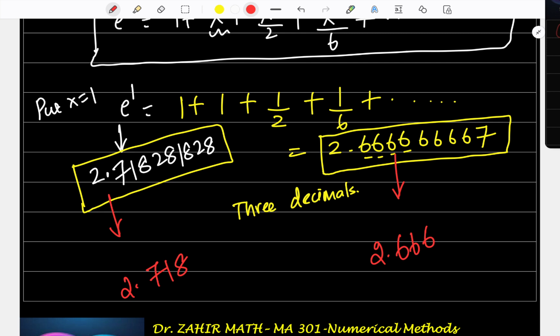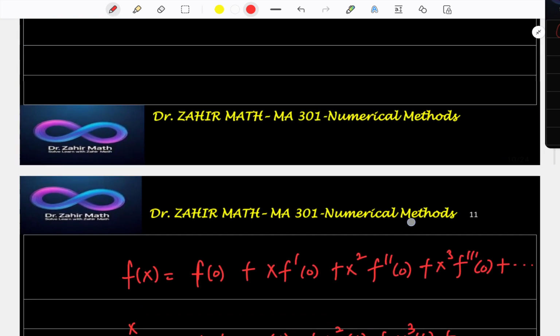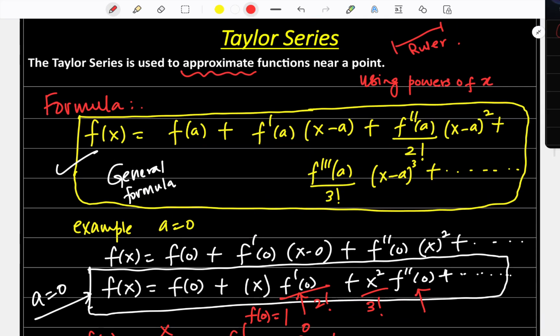Minute values also you should be very careful, like measuring gold. In this way, any function, I gave you the example e power x, like ln x, logarithmic, exponential, hyperbolic, sine, cosine, tan, cosecant, secant, cot, whatever functions are available, you can approximate using Taylor's series formula.